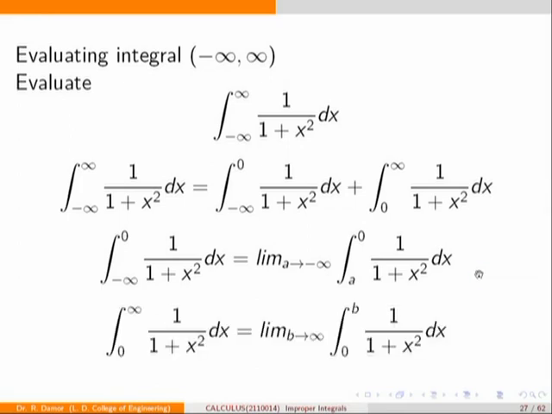Say this. And the second portion, the integral from 0 to infinity of 1 upon 1 plus x square dx. How do we write this? The upper limit goes to infinity. So this is the limit b tends to infinity of the integral from 0 to b of 1 upon 1 plus x square dx. As we know, we can find the integration of this term and put down the two limits, upper limit minus lower limit, taking the limit as a tends to minus infinity and b tends to infinity.